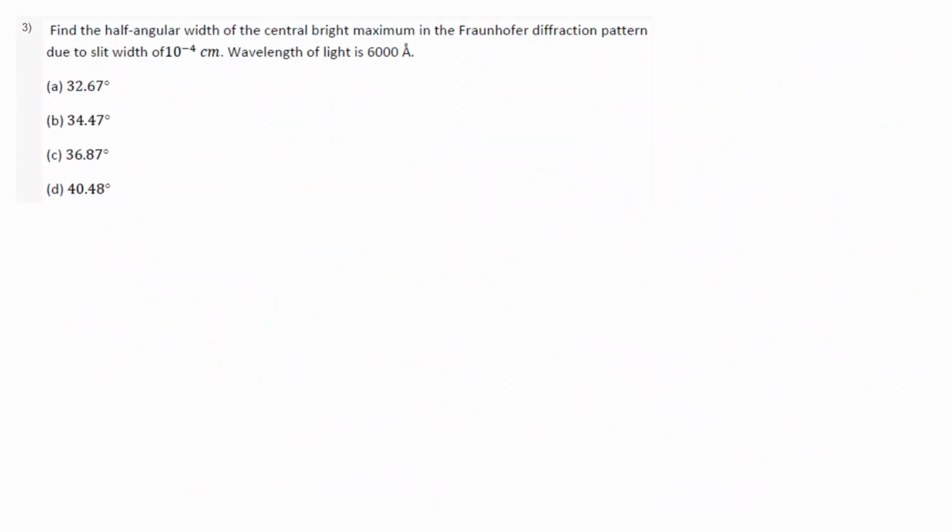Okay, now next question. Find the half angular width of central bright maxima in the front of a diffraction pattern due to slit width. This is again the case of single slit diffraction. We have a slit with a width of 10 to the power minus 4 centimeters. We have a screen. We will be getting central bright fringe, then minima, then bright fringe.